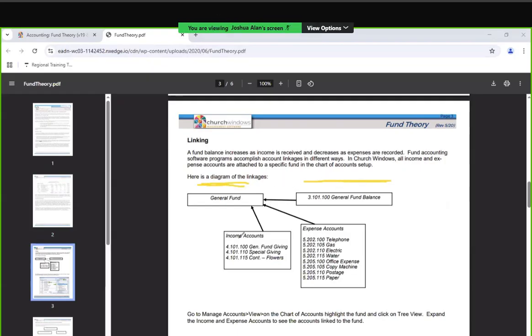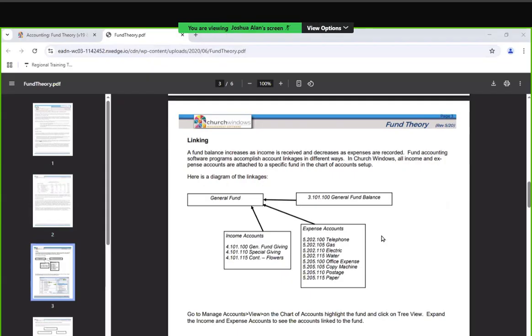But then below that, we've got several income accounts that are linked to the general fund, and of course, maybe a dozen or 2 different expense accounts that are linked to the general fund. Okay? So this document just nicely displays how the linking, or the relationship, of funds to fund balance to income and expenses works.